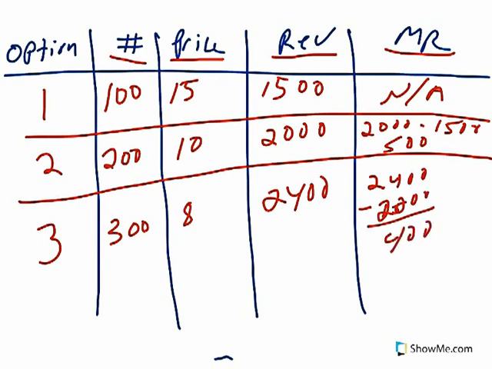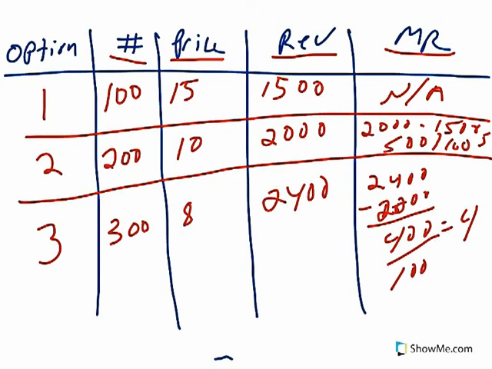Now, in order to calculate marginal revenue per unit, we just divide this by the change in units, which is 100 for each option. So marginal revenue per unit for option 2 is going to be 5, and for option 3 it is going to be equal to 4.